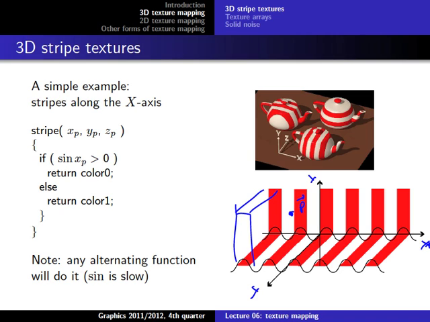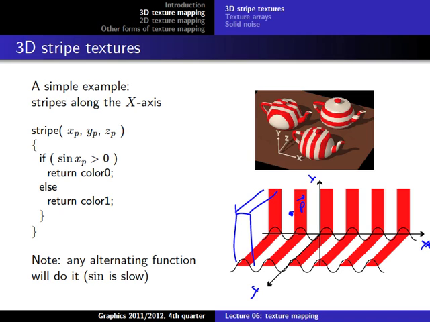So yeah, this is pretty straightforward. And of course, we can use any kind of alternating function. So for example, we could also take the integer part of the x value, and then check if it is odd or even, and then return red or white. So it basically just has to be an alternating function.